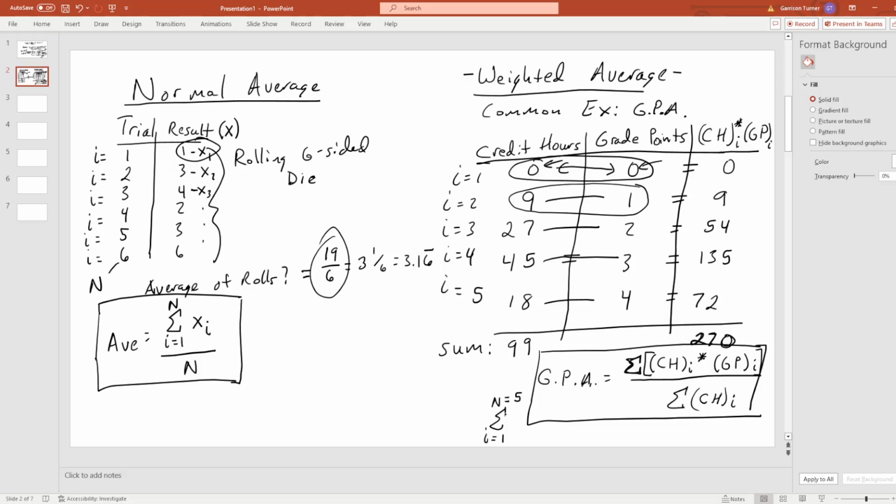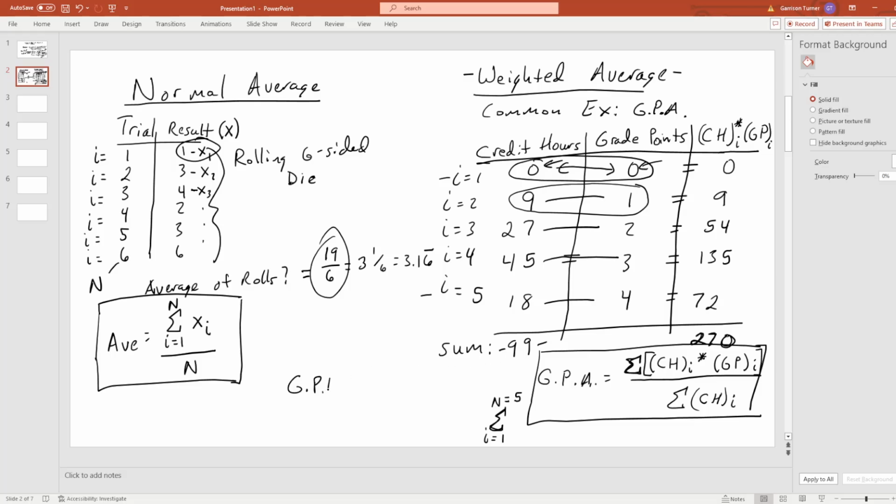And in this case, our sigmas, I didn't write them explicitly in our formulas to save space, but our sigmas go from i equals 1, which is my first index, to n equals 5, which is my maximum index. And by the way, I've also summed up my credit hours, so this would be the denominator.